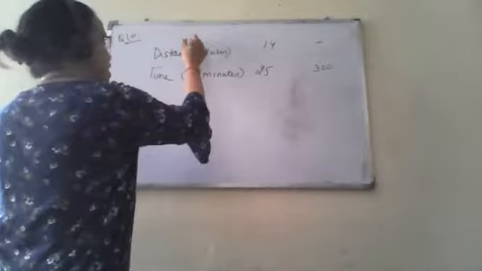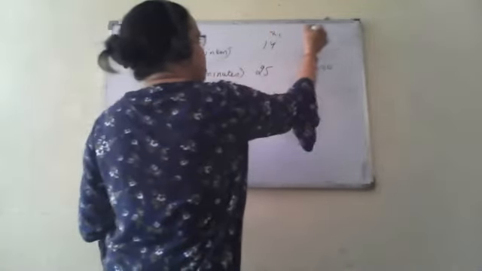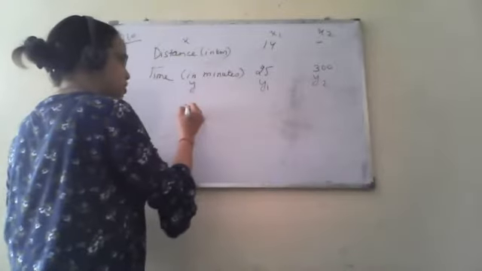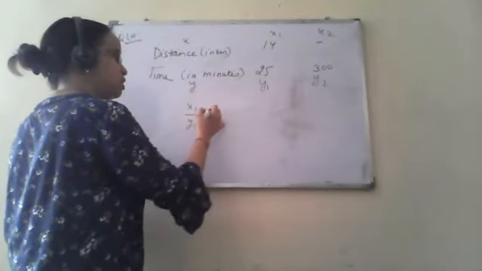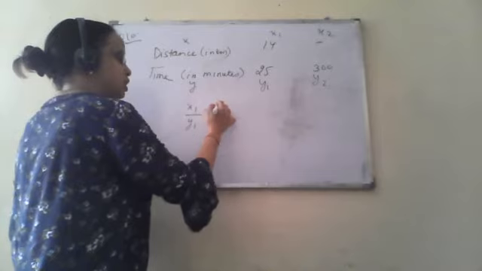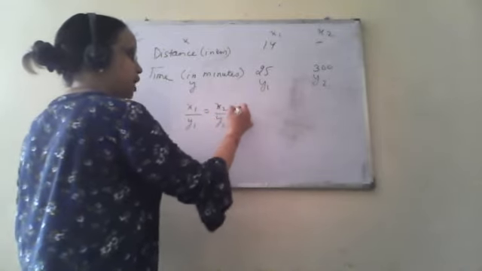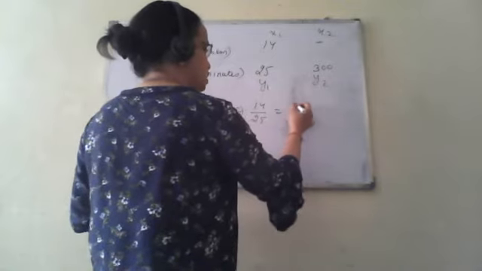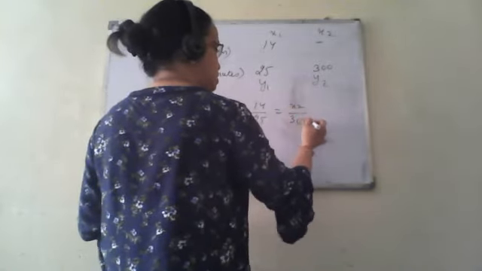So we have been given the time, we have to calculate this distance. So again, this is x, this is y, this is x1, this is x2, this is y1, this is y2. As per the ratio, x1 upon y1 equals x2 upon y2. That means 14 upon 25 equals x2, which we have to calculate, upon 300. Okay.